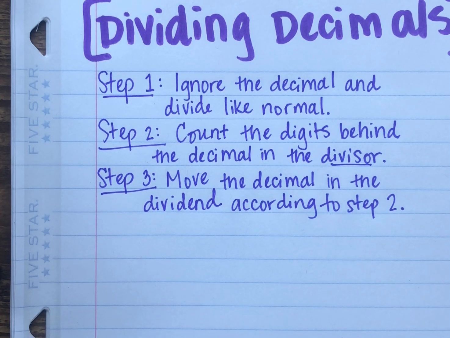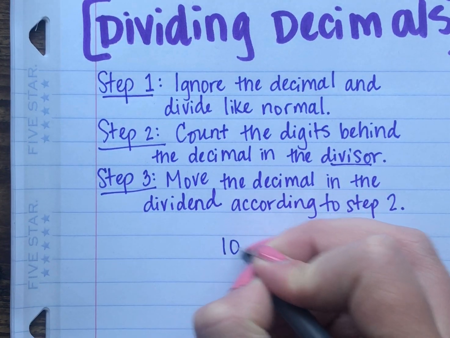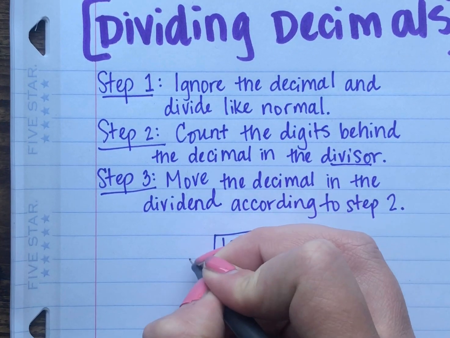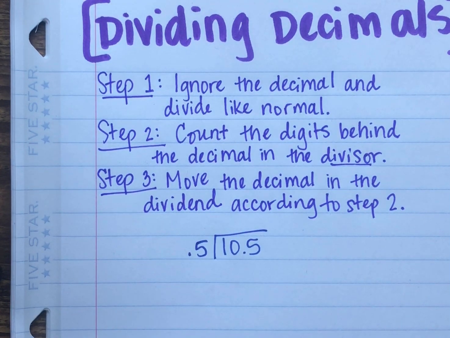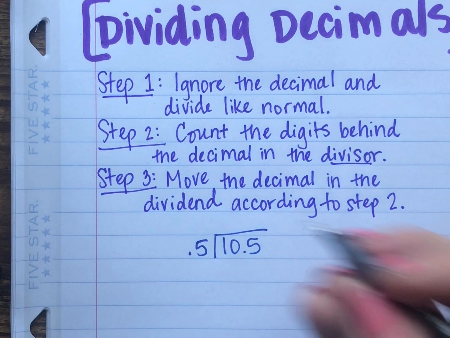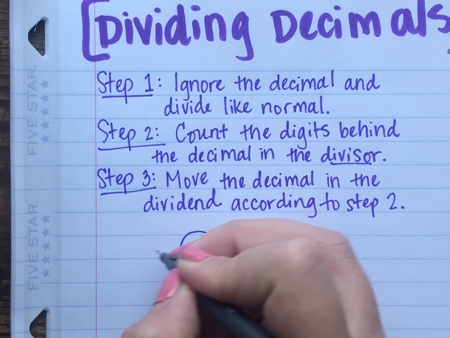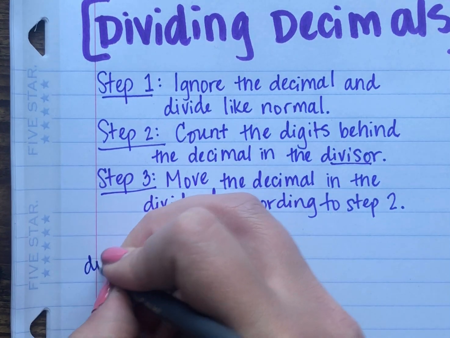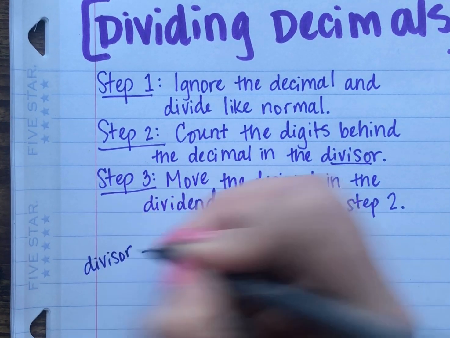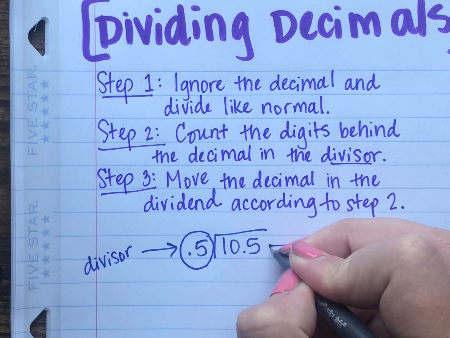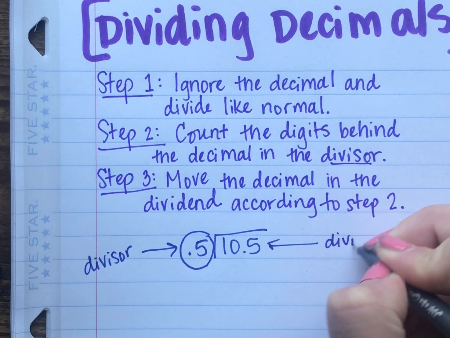And here is what that looks like. So let's say we've got 10.5 divided by 5/10. Okay, this guy right here is your divisor. This guy right here is your dividend.